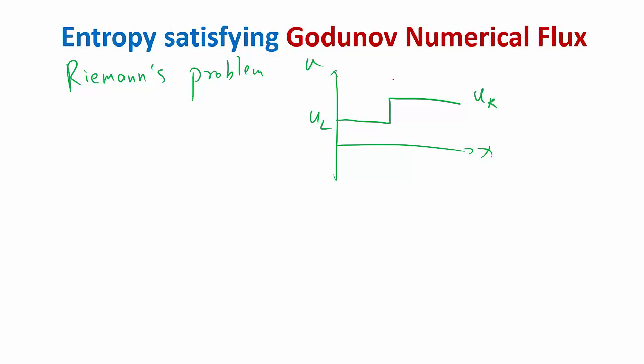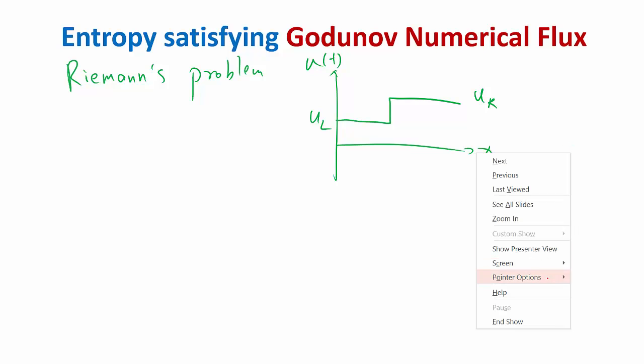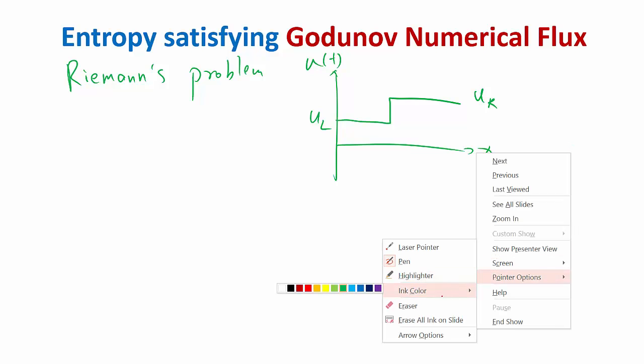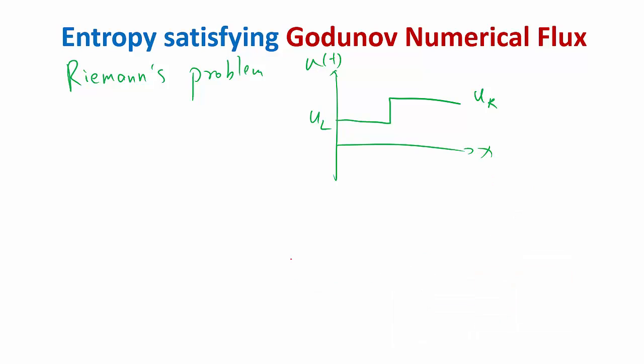Particularly, we only need to solve the Riemann problem for infinitesimal time. So this is u at t. And the Godunov flux is looking for the interface flux at the same point after an infinitesimal time.